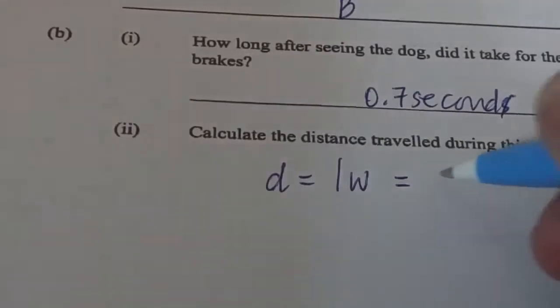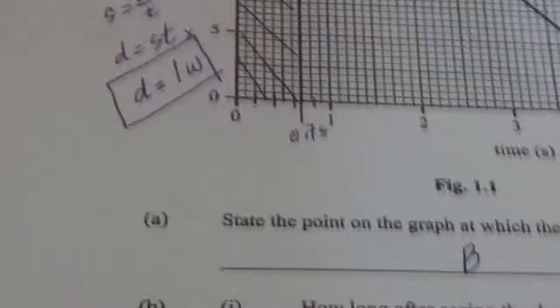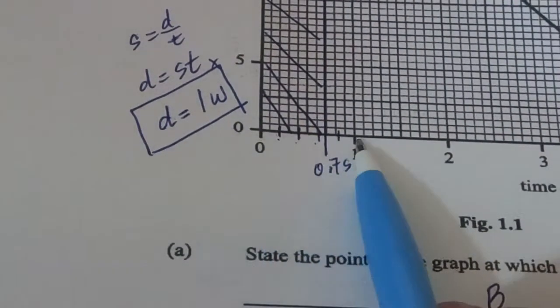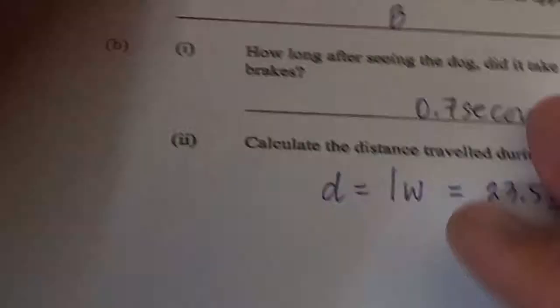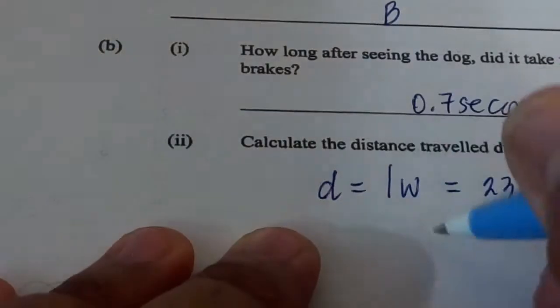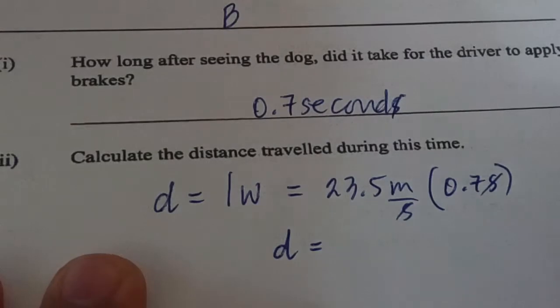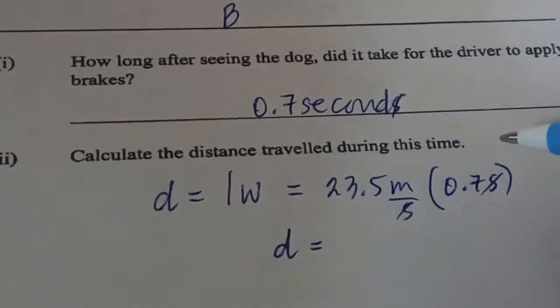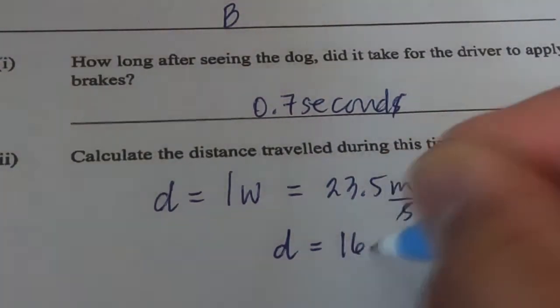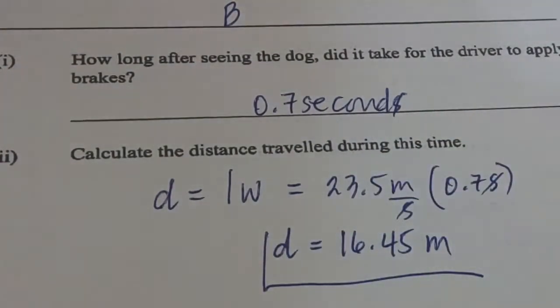You're going to use that value here, 23.5 meters per second, and our width is 0.7 second. Cancel the second, and the distance here would be equal to 16.45 meters. That's the answer.